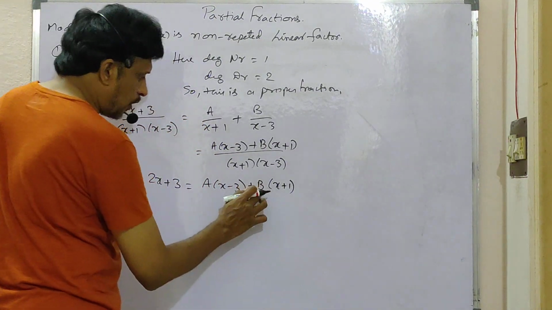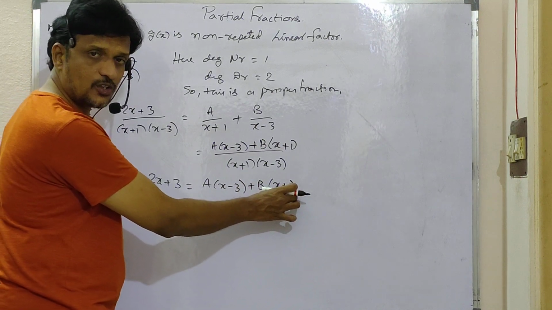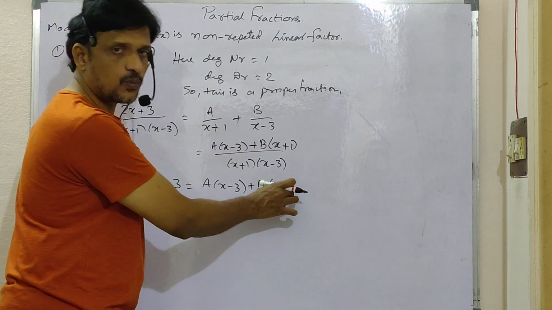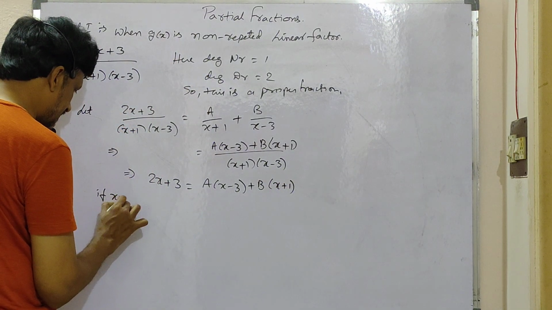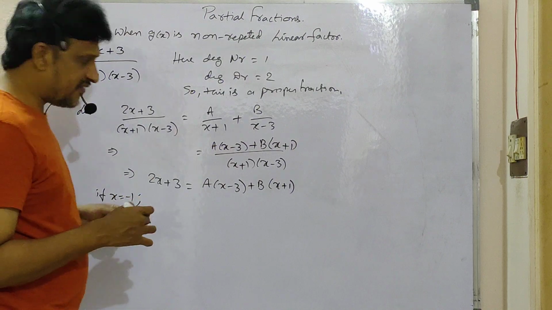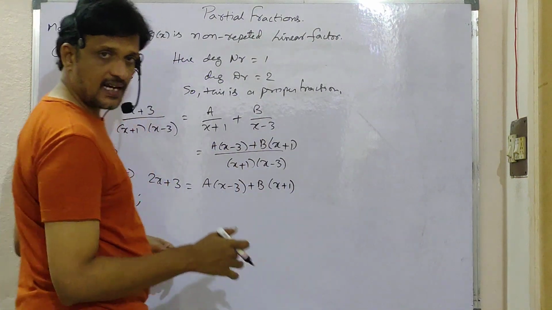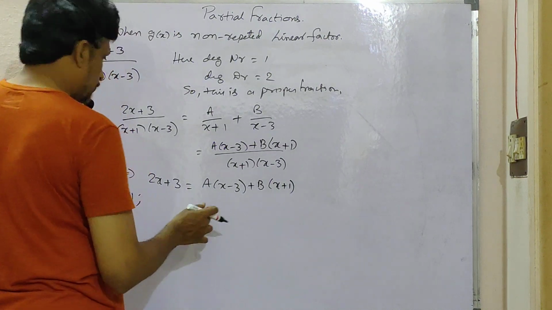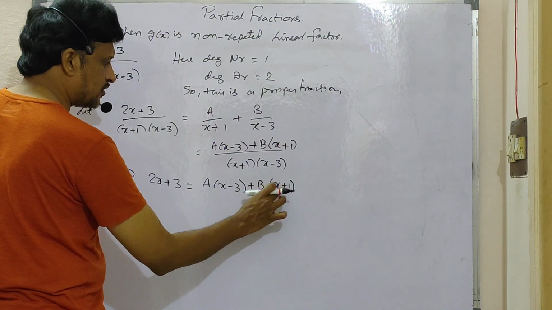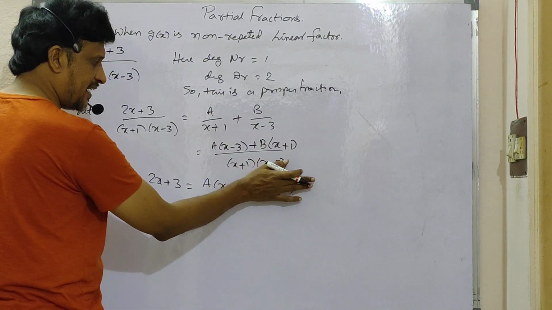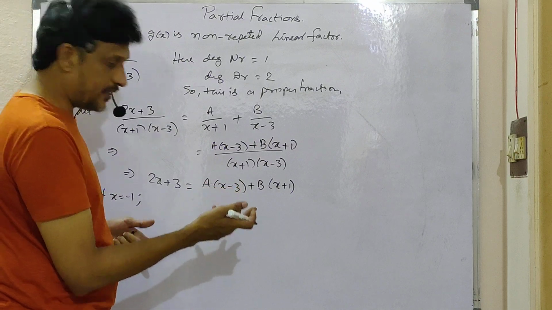The coefficient of b is x plus 1. x plus 1 equal to 0 gives x equal to minus 1. So the value of x we substitute is the required one to eliminate the other unnecessary term. If you put x equal to minus 1, x plus 1 will be 0, 0 into b is 0. So you are left with only one unknown, a.